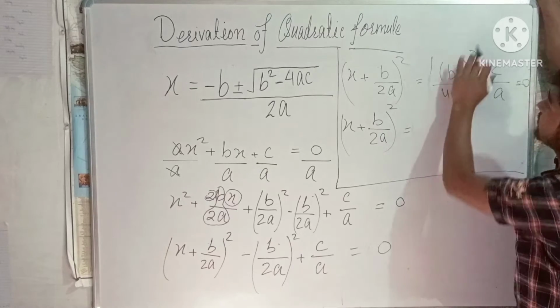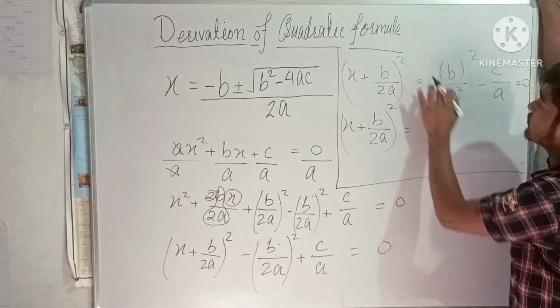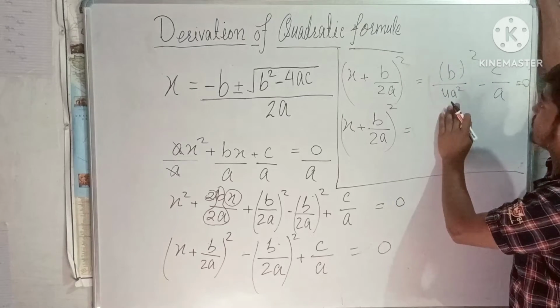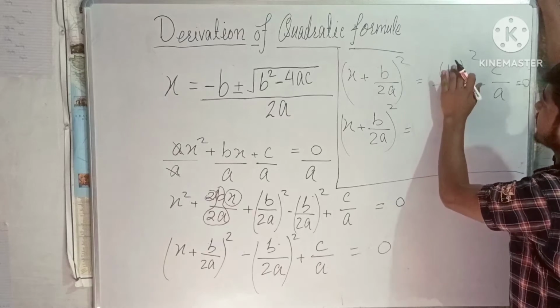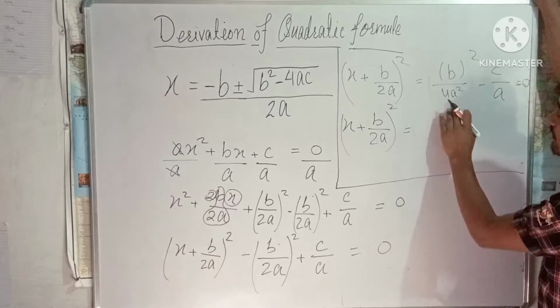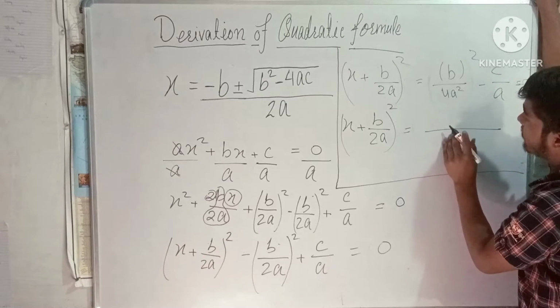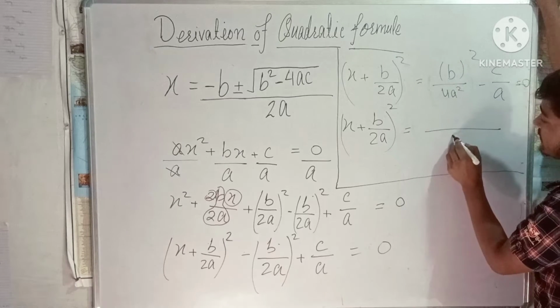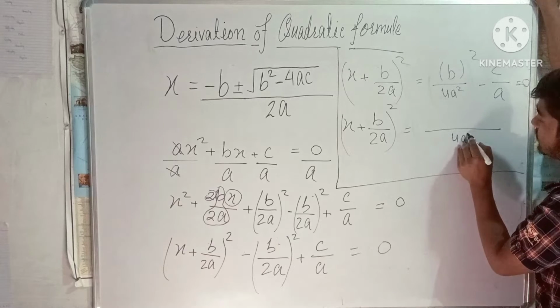Why? Because when we square 2a, 2 2s are 4, and a into a is a square. We can write this in this form. After squaring this, we take 4a square as common.